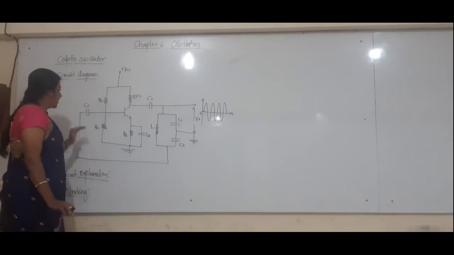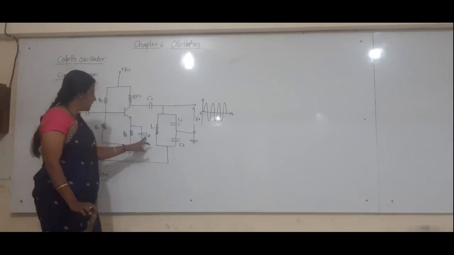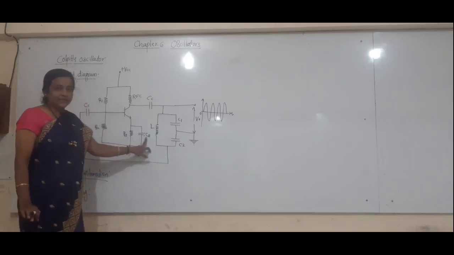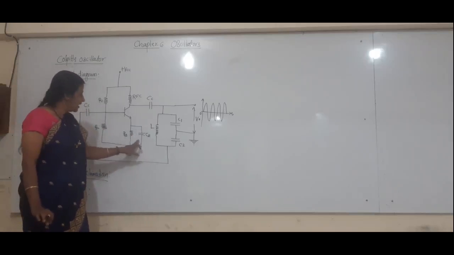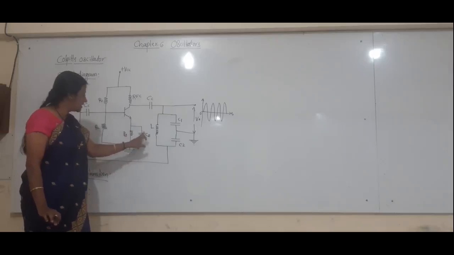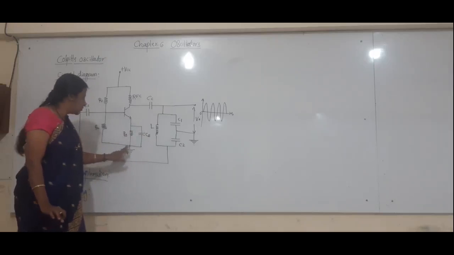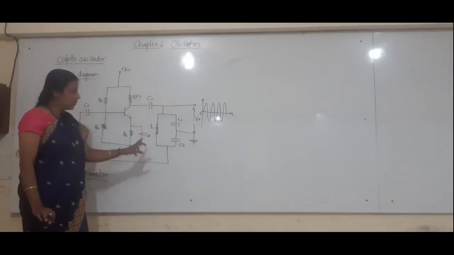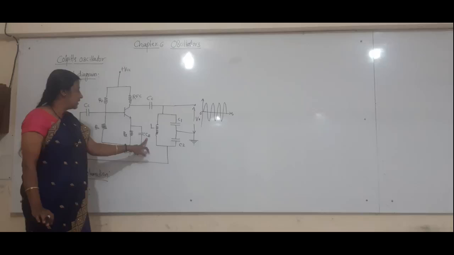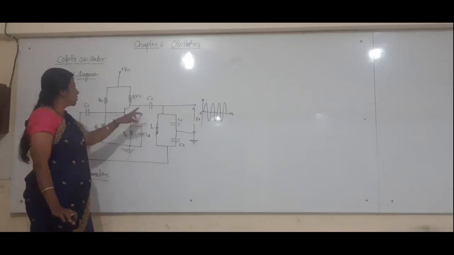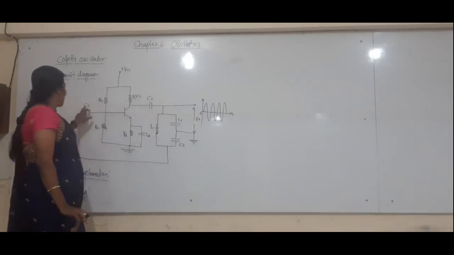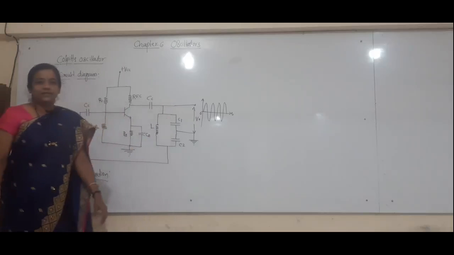Not only that, in this circuit there is an emitter bypass capacitor. This capacitor allows the unwanted AC emitter current to be bypassed to the ground. At the input side as well as at the output side there are coupling capacitors.